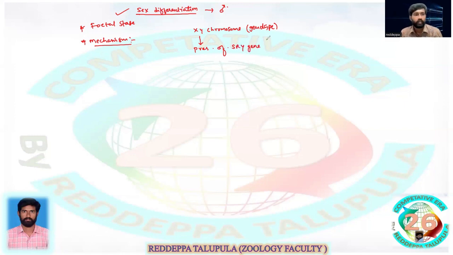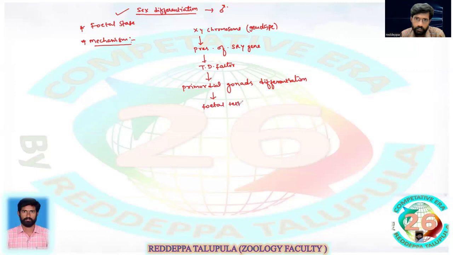That means this SRY gene codes for testis determining factor. Next, it causes the primordial gonad differentiation. Thus, this primordial gonad differentiation causes fetal testis formation.